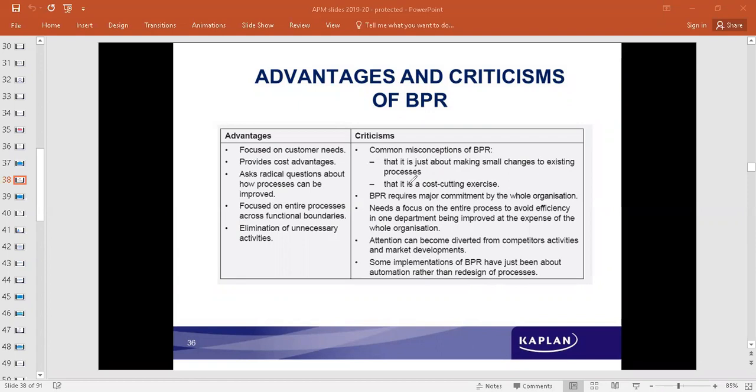They may not be focusing on the competitors' activities and the other external factors. Now, some implementations of BPR have been just about automation rather than redesign. Instead of redesigning, doing everything from scratch, if they just replace men with machines, it is only automation but not redesign. So that is another criticism of BPR.